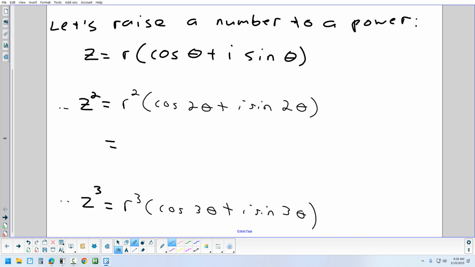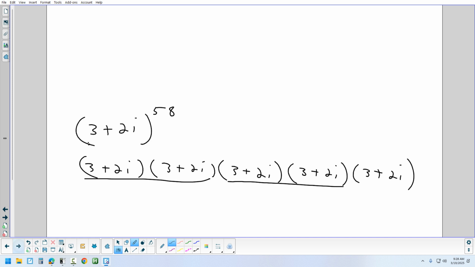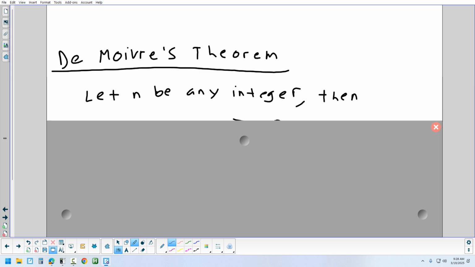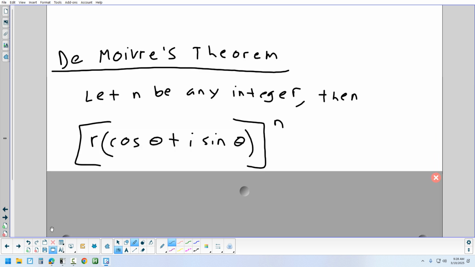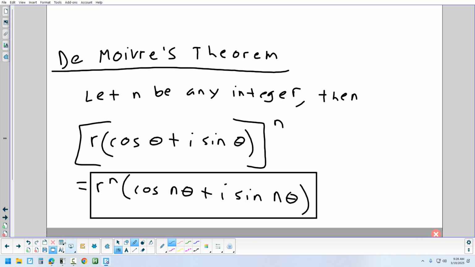Yeah. So with de Moivre's theorem, first of all, this only works if you're raising to an integer power. If you want to raise something to like the 3.2 power, we're not really getting into that. But if you're raising something to a non-decimal integer power, all you have to do is raise the radius to the power and multiply the angle by the power.